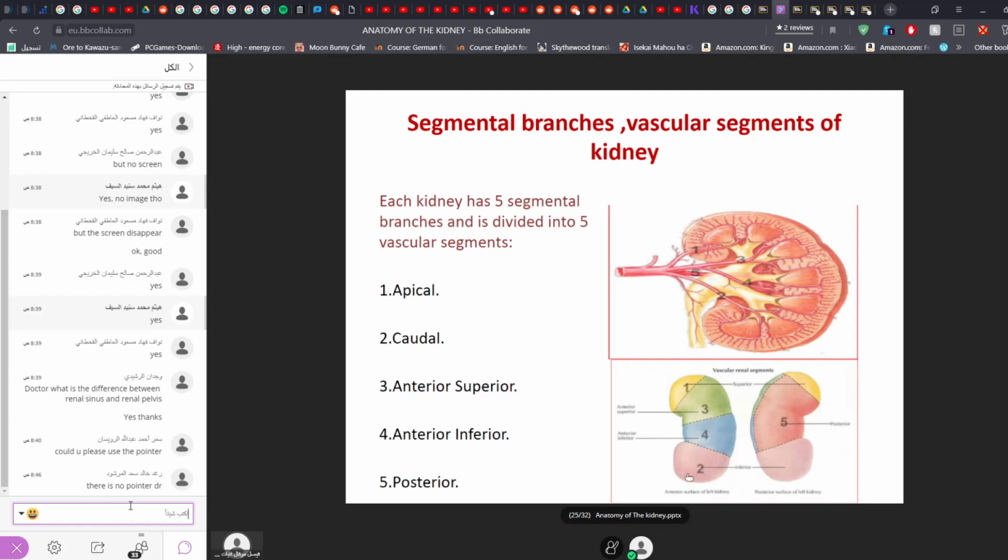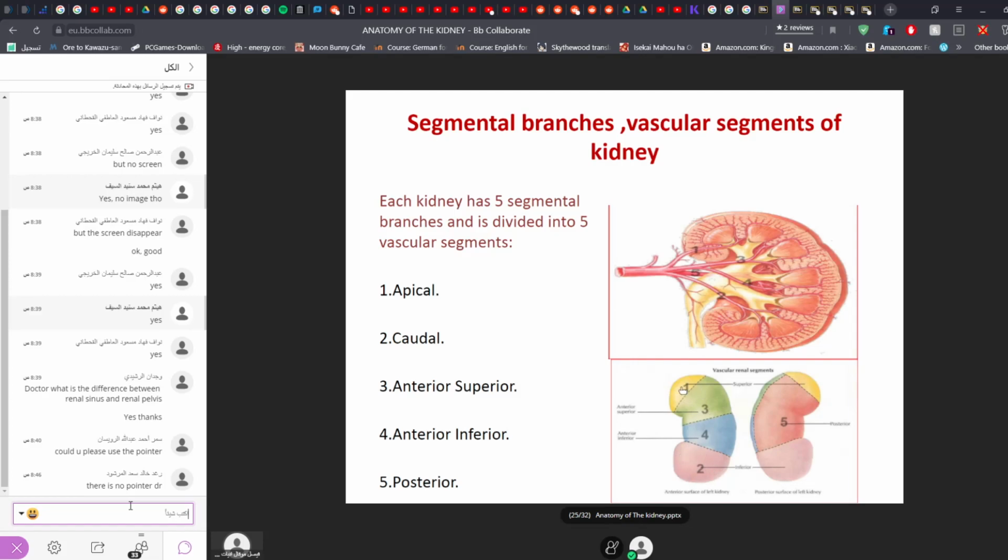Then we will have the second, third, fourth, like this. They have the names of the part of the kidney they supply. One is the anterior superior, anterior inferior, and the caudal, the tail.